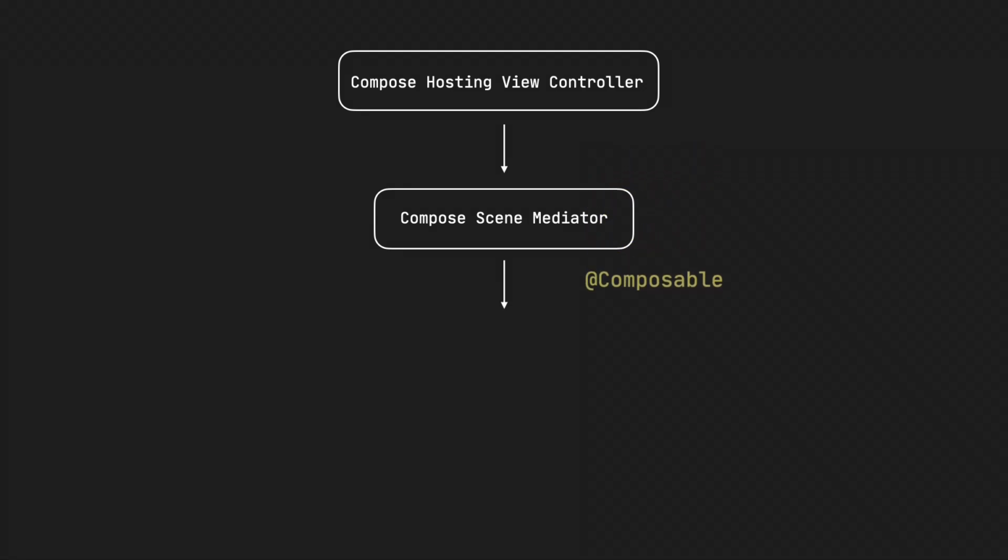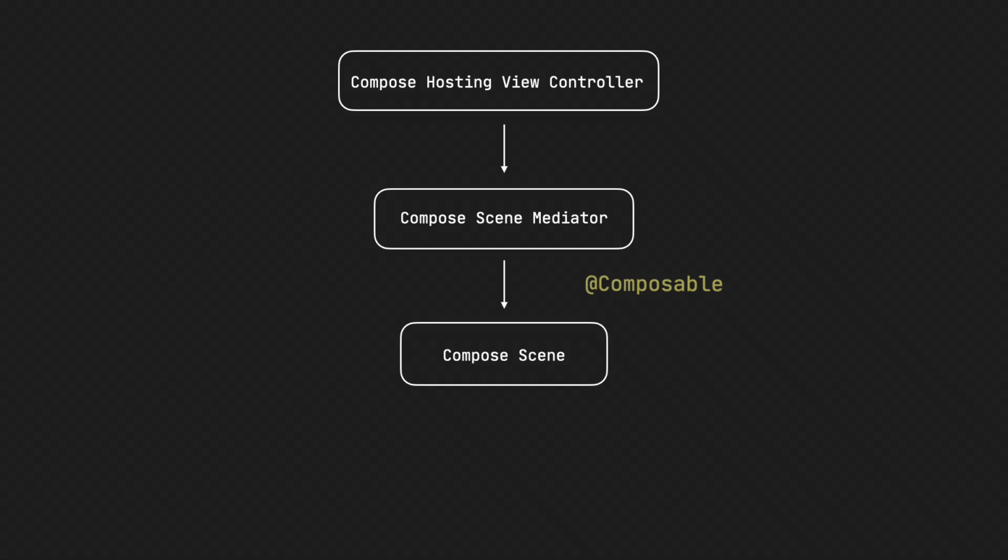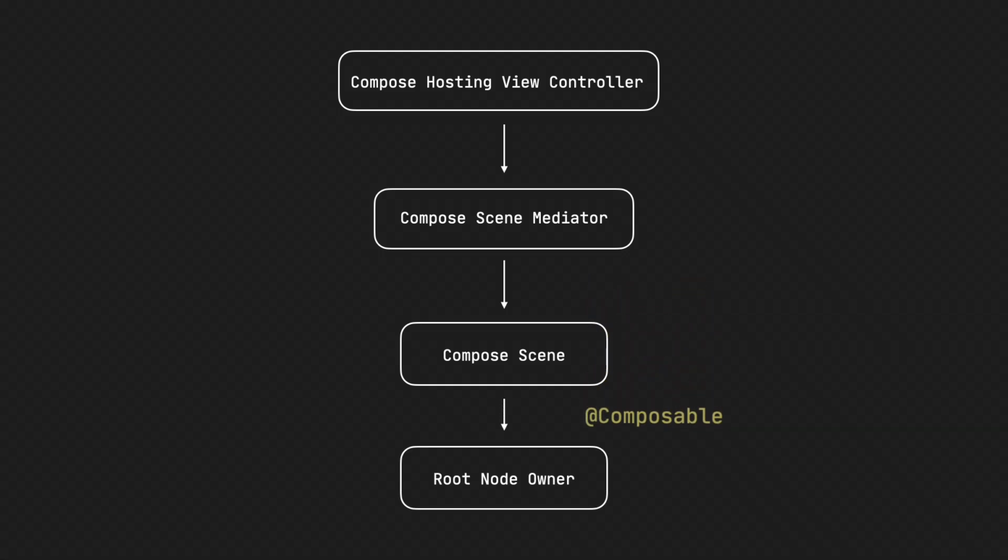And then it takes that and it provides it to the compose scene view. And then it takes that and provides it to something called a root node owner. So what it's doing here is that you'll see that in this compose scene mediator, you'll see composition locales being set up. You'll see all the different setup that's happening that's related to compose there.